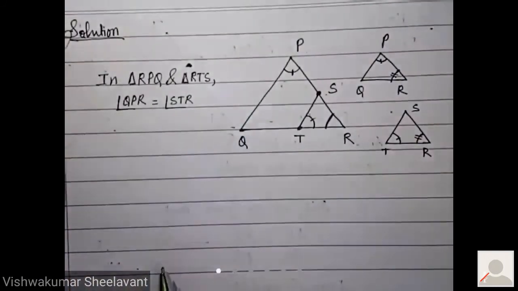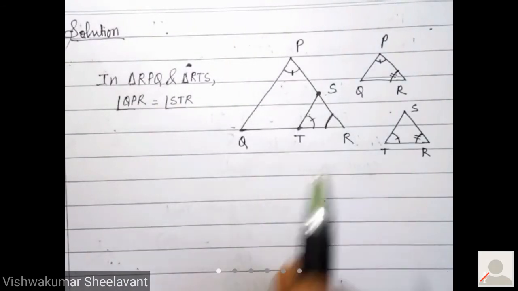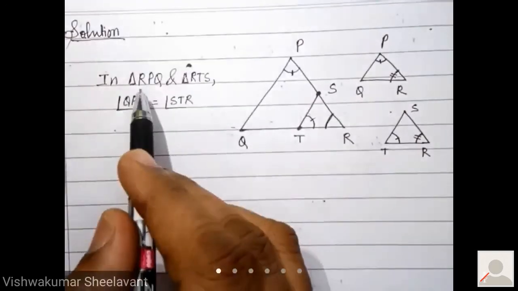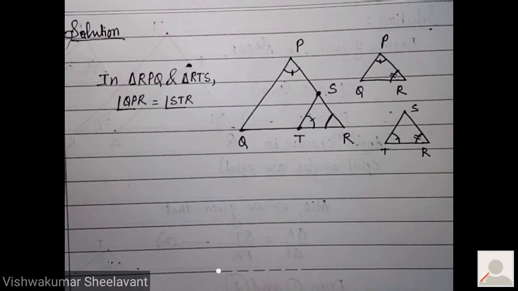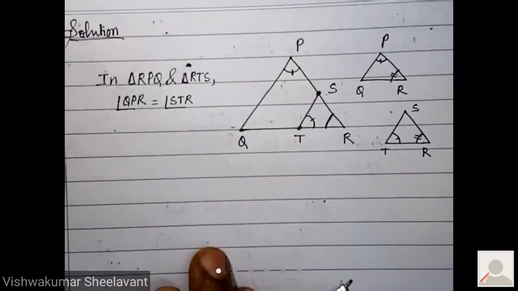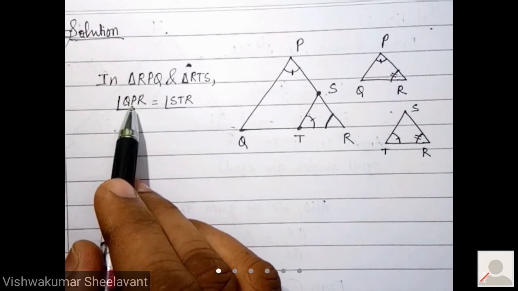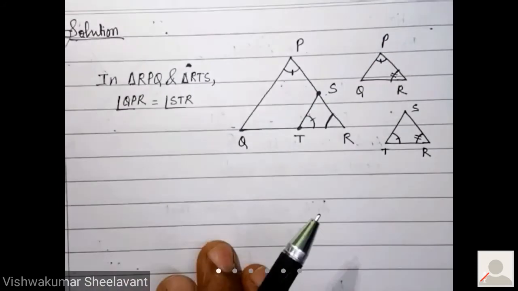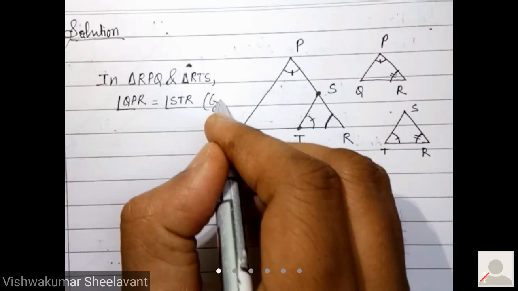You go in one order, taking P and T at the center. That's all. You can also write angle RPQ equal to angle RTS. No doubt you can write like that. Okay? Both mean same there. You can reverse the order. By reversing this, vertex P here and vertex T here will remain in their positions. So angle will not change. It is given.